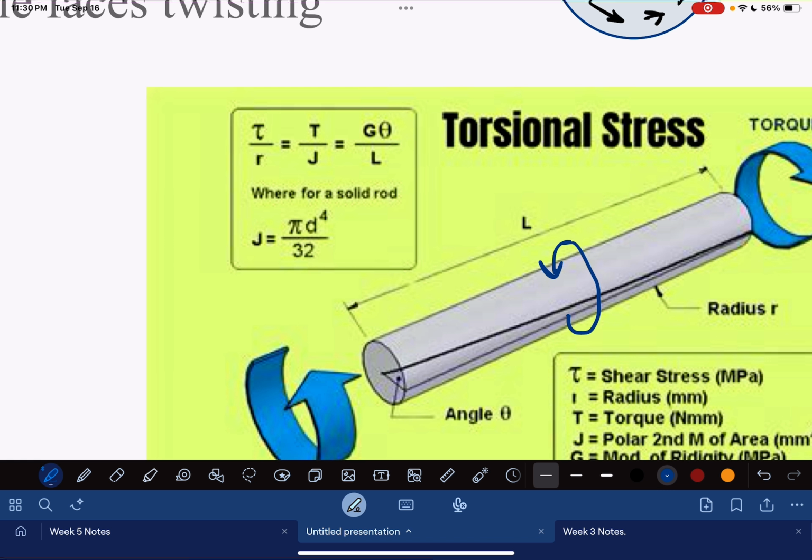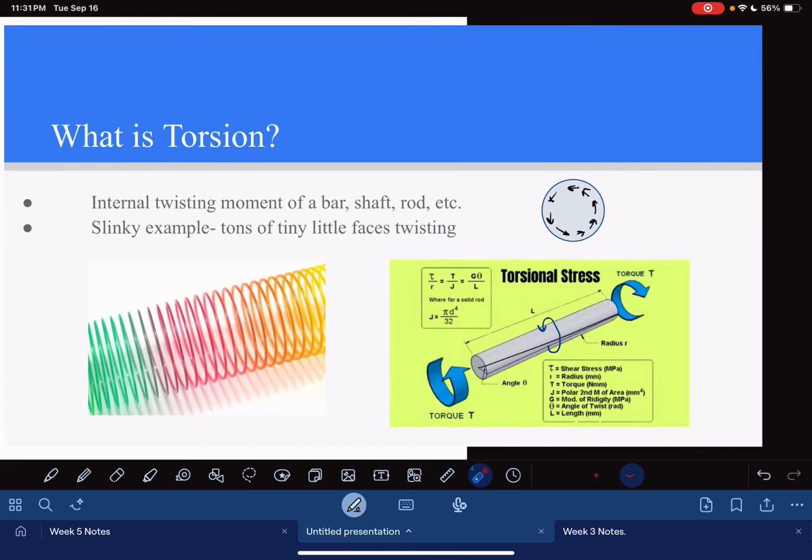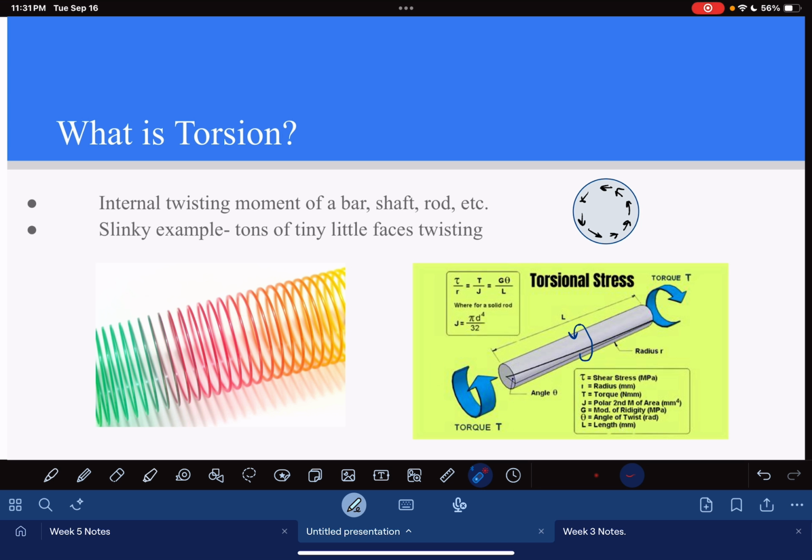It's not shown great here, but there's an angle displaced from one point to the next point. But essentially, torsion is where a bar is rotating because there are two opposing torques on both ends.